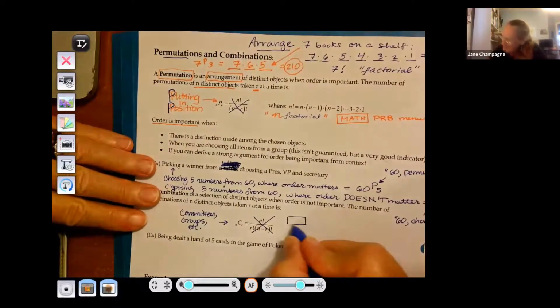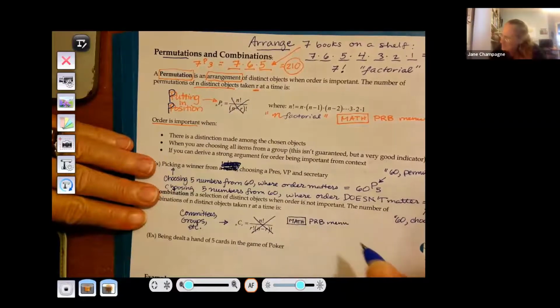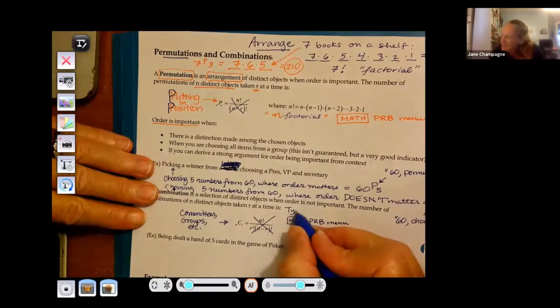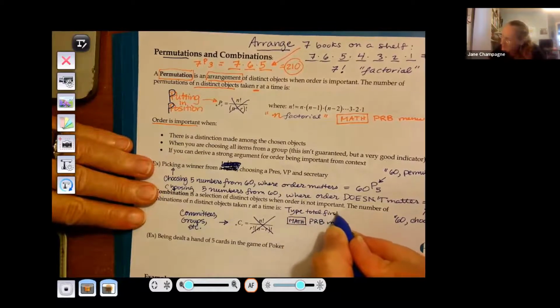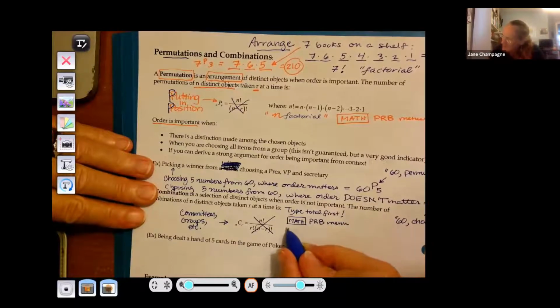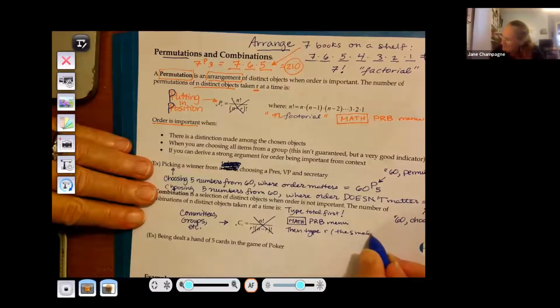Go to your math button. Choose the PRB menu, and you will see it. You just have to type the big number first. Type the total first. Then type R, the smaller number.